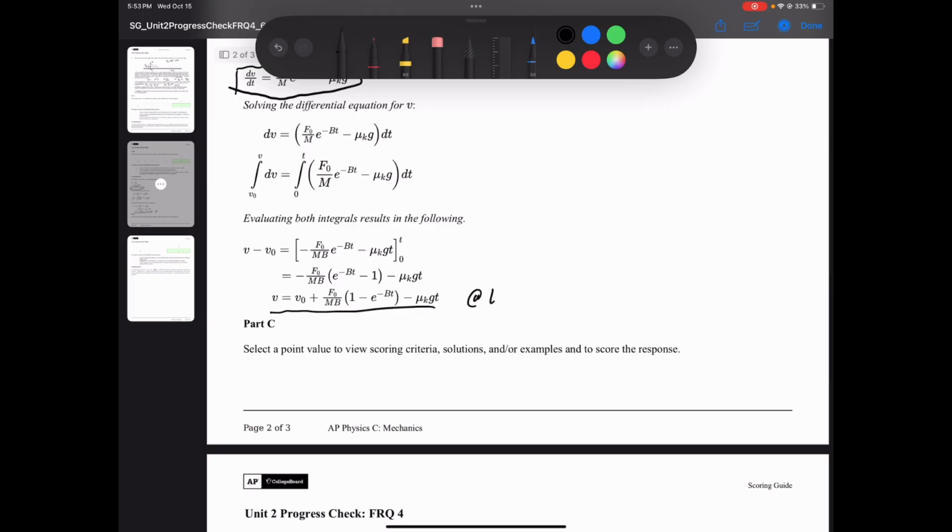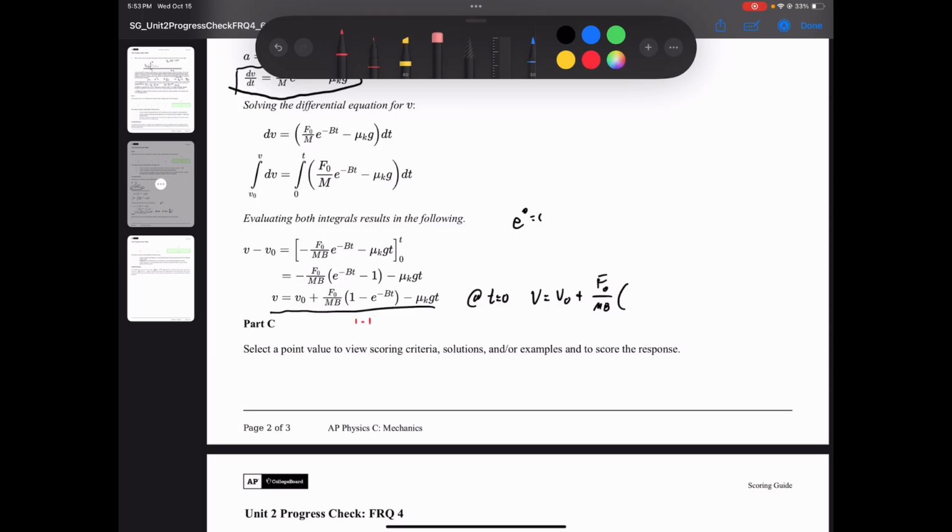So at t equals 0, I know that my velocity is equal to v naught plus f naught over mb times, well, e to the 0 is equal to 1, right? So this term here is just 1 minus 1. Well, 1 minus 1 is 0, okay? So this whole thing's going to disappear at t equals 0.